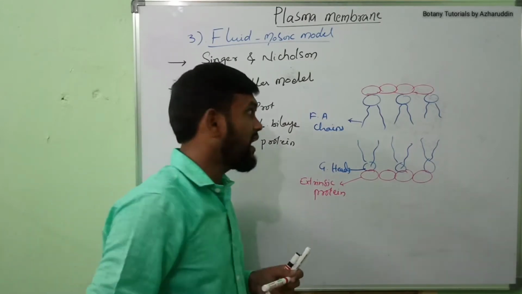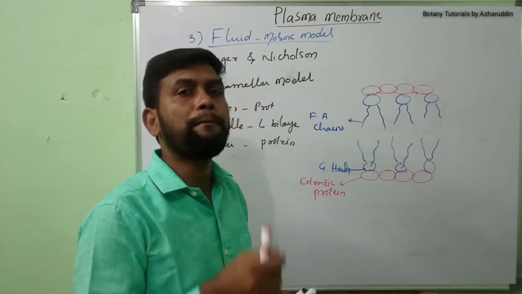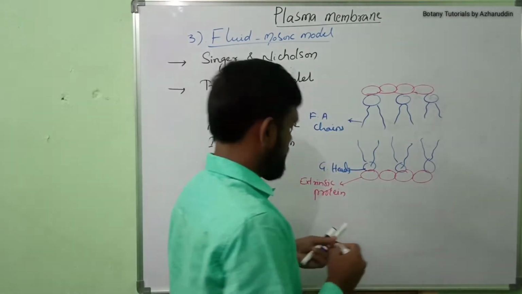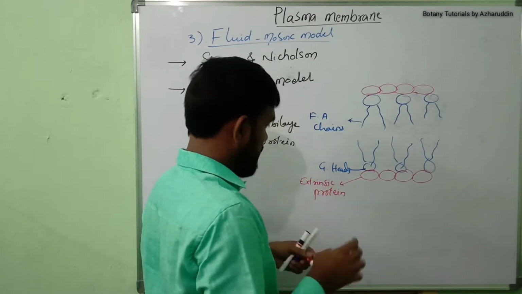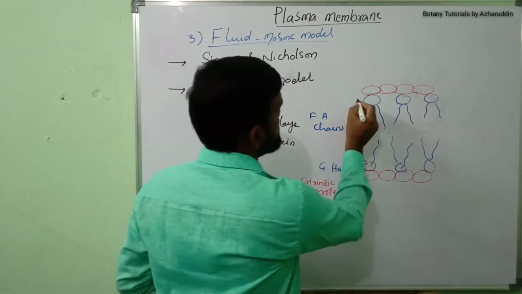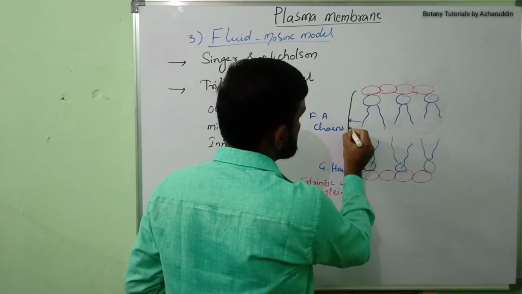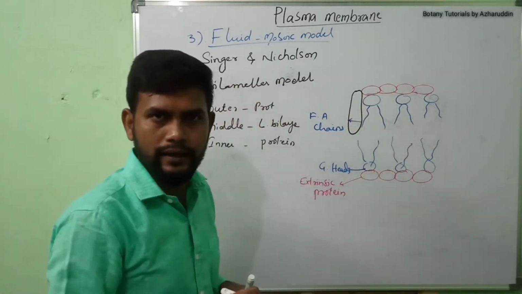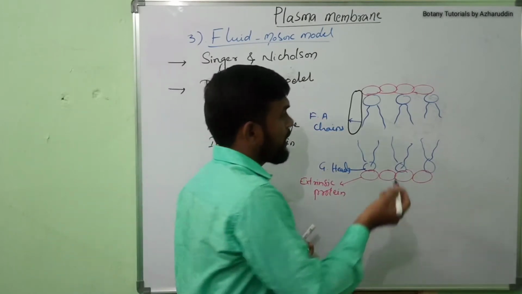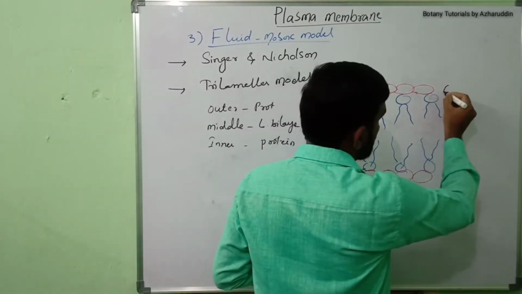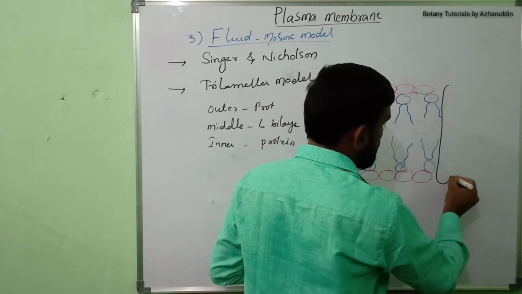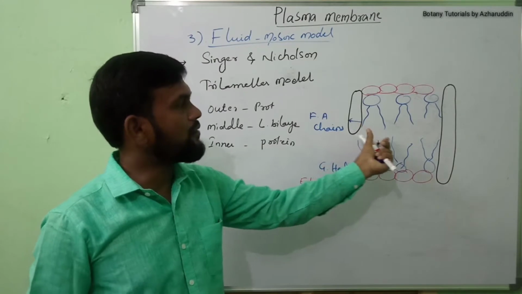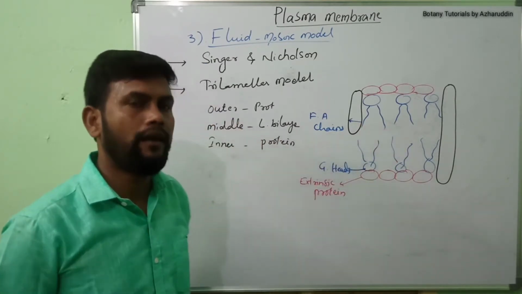Intrinsic proteins are partially or completely embedded in the lipid bilayer. Partially means like this, I am drawing here. This is a protein partially embedded in the phospholipid bilayer. Next, coming to completely embedded protein. This is a completely embedded protein in the phospholipid bilayer.